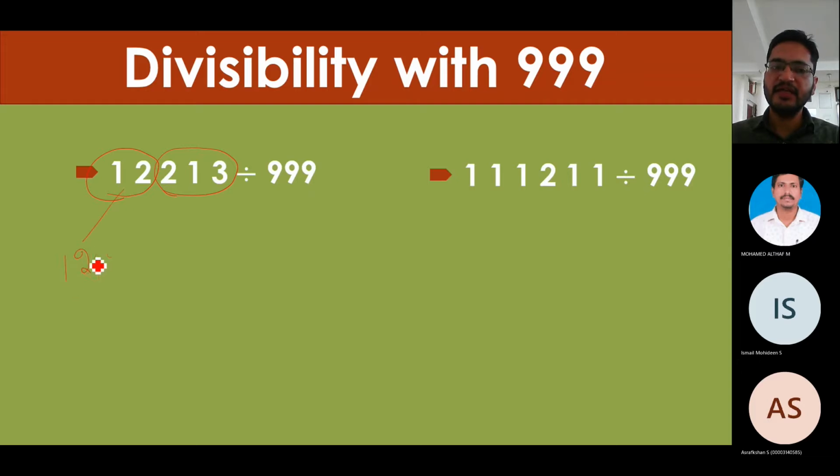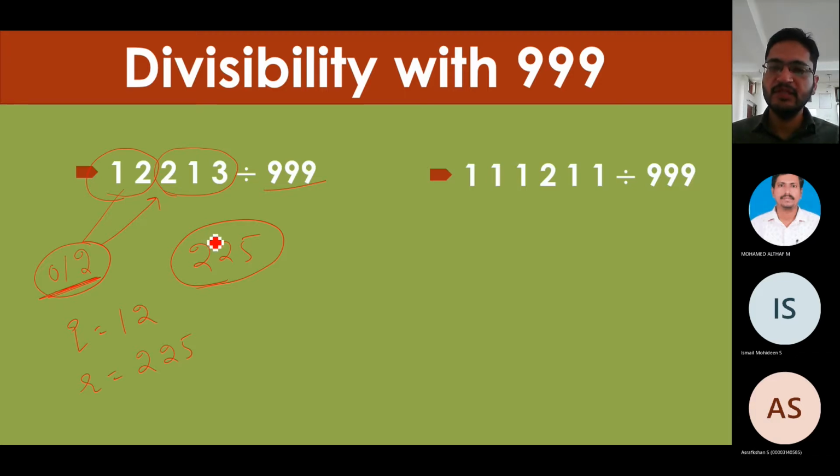First as it is, and I will add this pair to the next pair. It is 225. Because it is a three-digit number, 3 nines, this three-digit number will be the remainder, and this is the quotient. So quotient is 12, and remainder is 225.